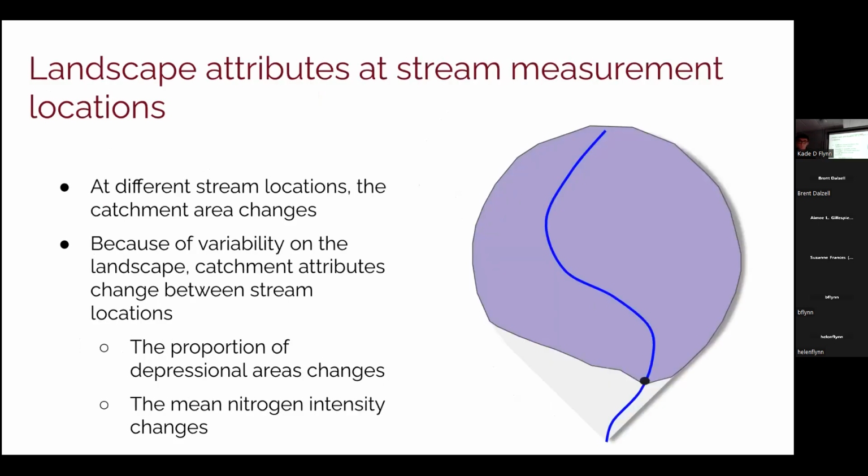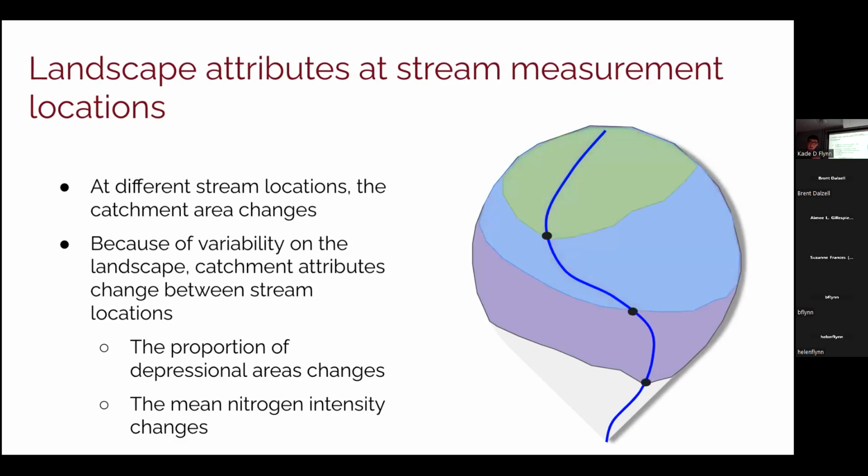So we have these landscape attributes, but how do we represent what's happening on the landscape at these stream measurement locations? I'll illustrate this using a cartoon of a watershed. At these different points within the stream, we have different catchment areas.